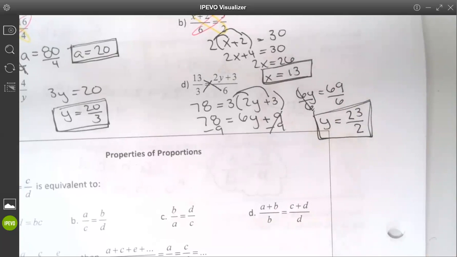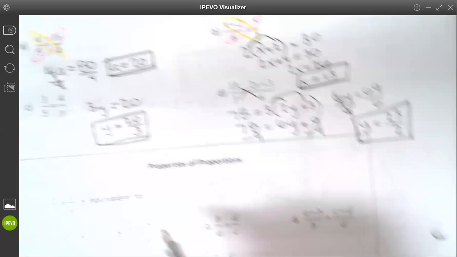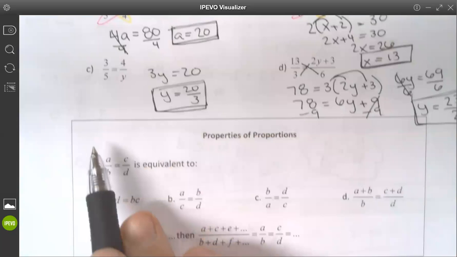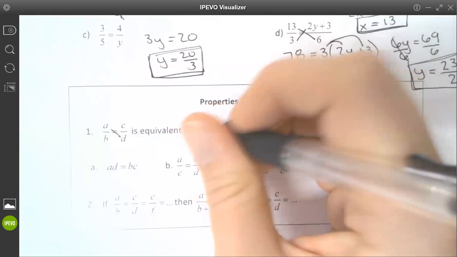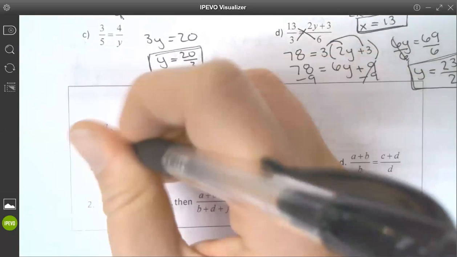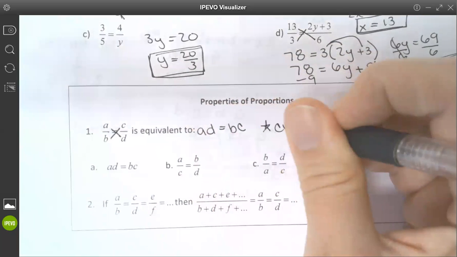So now you will definitely have time to finish your work today. But we want to look at just a few different properties that we use at times. Most of the time, like 99% of the time, we use that A over B equals C over D is equivalent to AD equals BC, or cross multiplication.